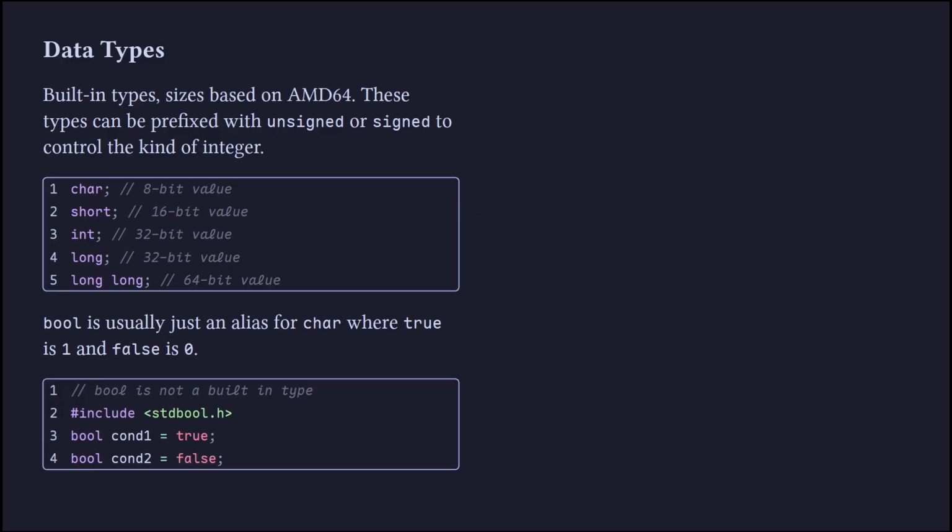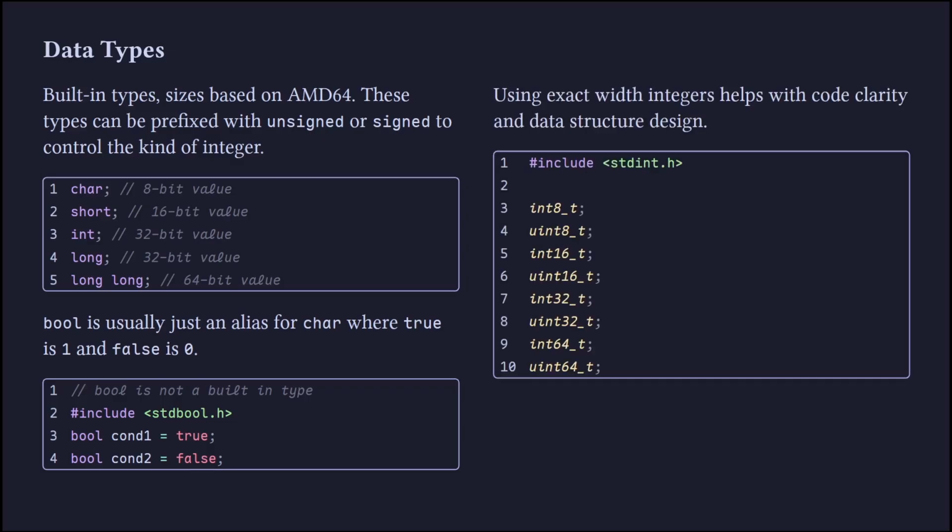Bool, or booleans, don't actually exist natively in C. We need a library to supply that, and it's more or less just an alias for whatever that platform's 8-bit type is, where true is 1 and false is 0, like on most platforms. We'll get to some caveats around Bool's representation later.